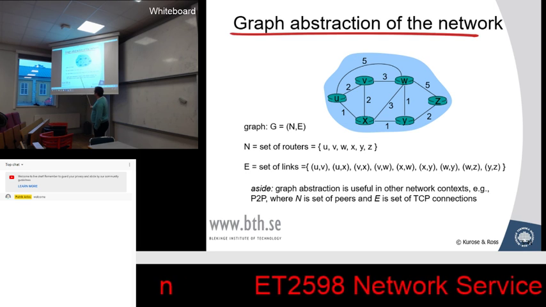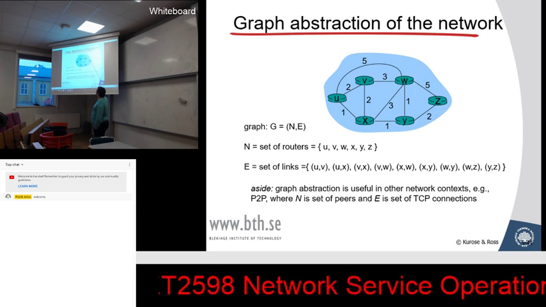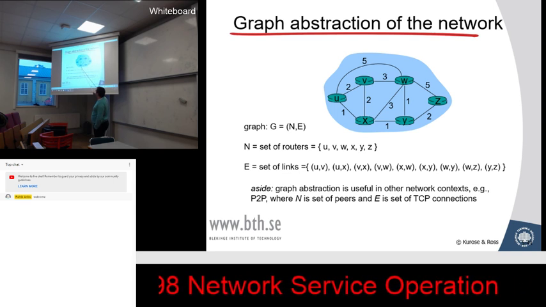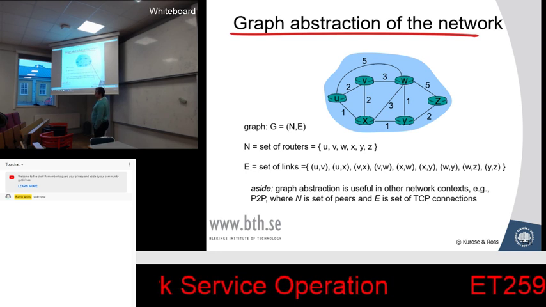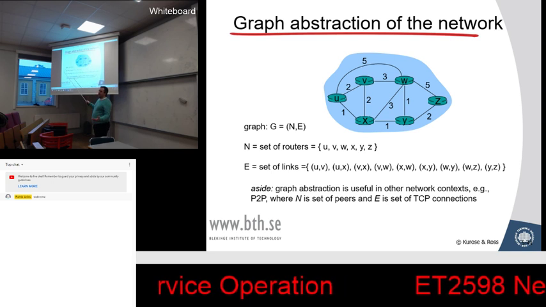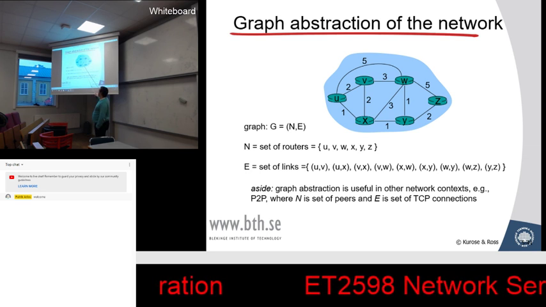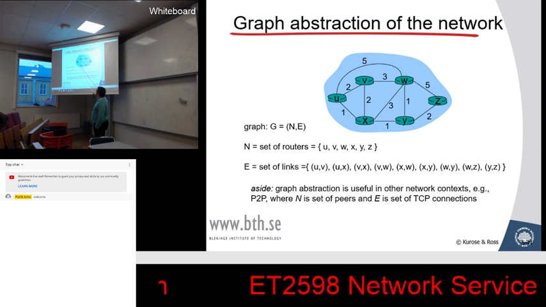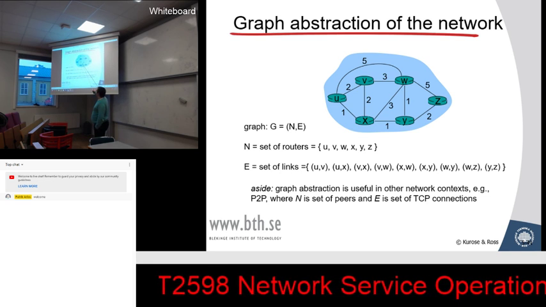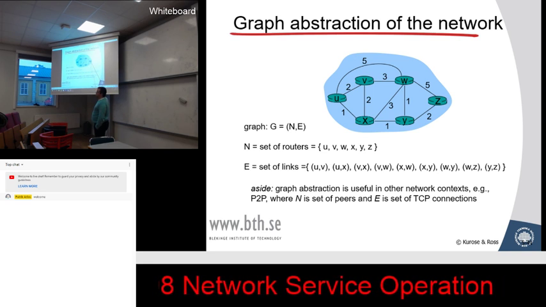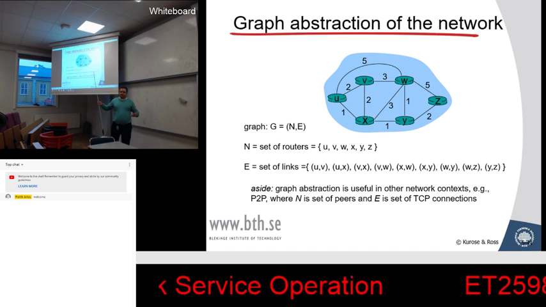So technically, router X can communicate with router Z either through W and then Z, or through Y and then Z. So there are multiple paths we can choose from going here to Z. If this is broken, we could go like this. Still cheaper, or less delay or whatever, than this, but there's a bunch of different paths.